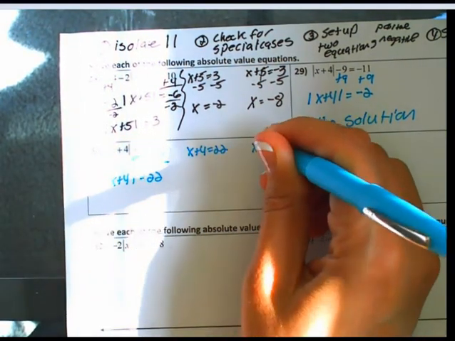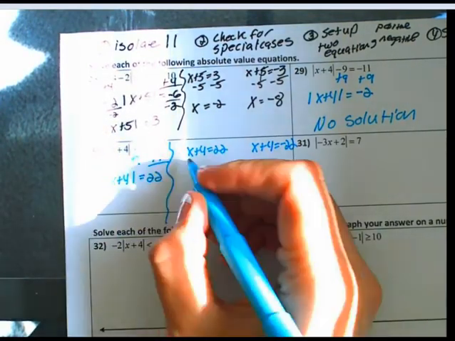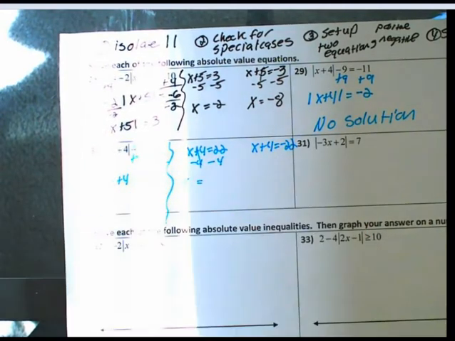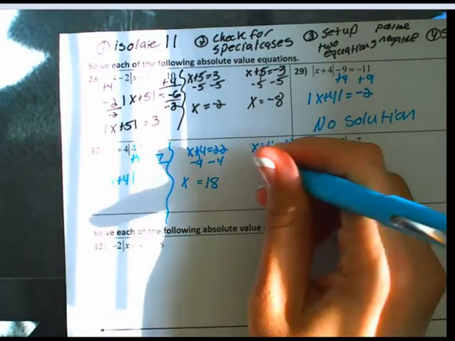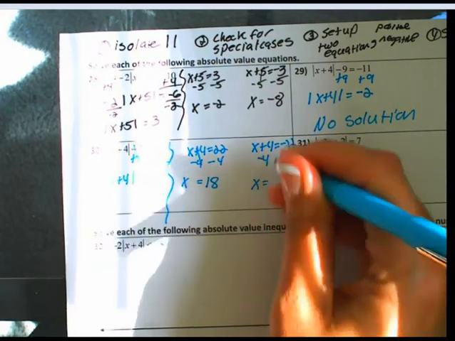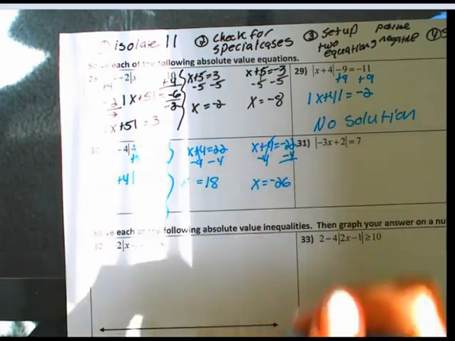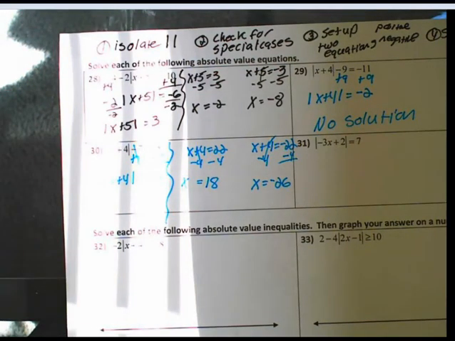X plus 4 equals negative 22. Now we're going to solve. So x equals 18, minus 4, x equals negative 26. So x equals 18 and x equals negative 26.